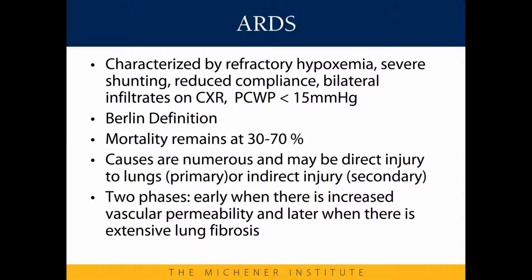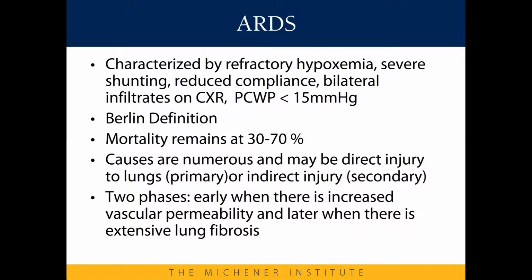And if you are using wedge pressures, they are usually less than 15 millimeters of mercury, but I know that's not as common a practice anymore. That is based on the Berlin definition, which I also have a chart to break down the different categories for you. Mortality from ARDS still remains at 30 to 70%.